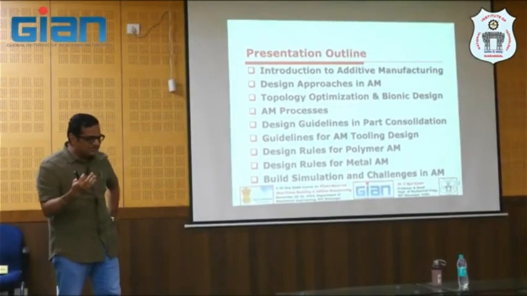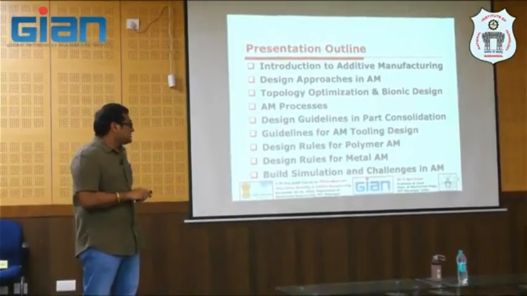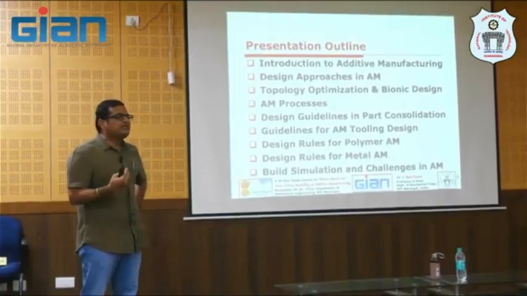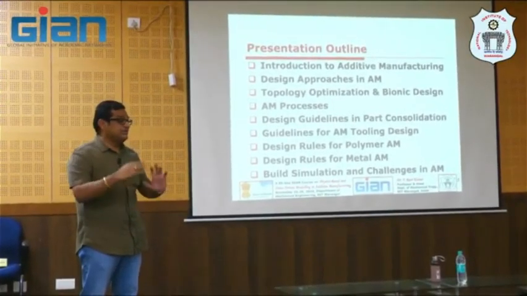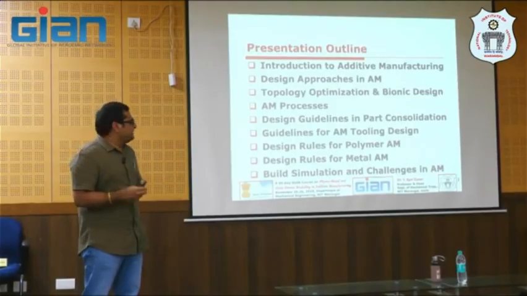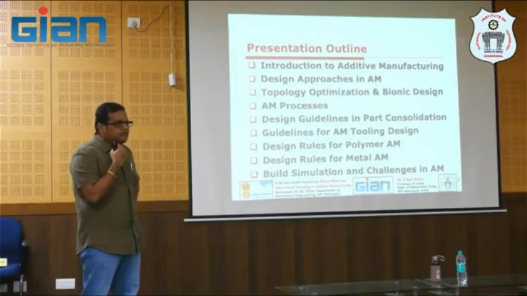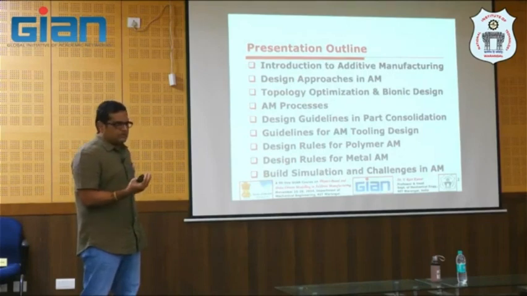So you have AI inspired designs. One can understand these designs once they have been inspired from nature or biological inspiration. Obviously, it is very complex, right? So complexity is free of cost in additive manufacturing. So then you see these topology optimized structures or bionic designs. We'll try to see how it is getting connected to AM, of course.